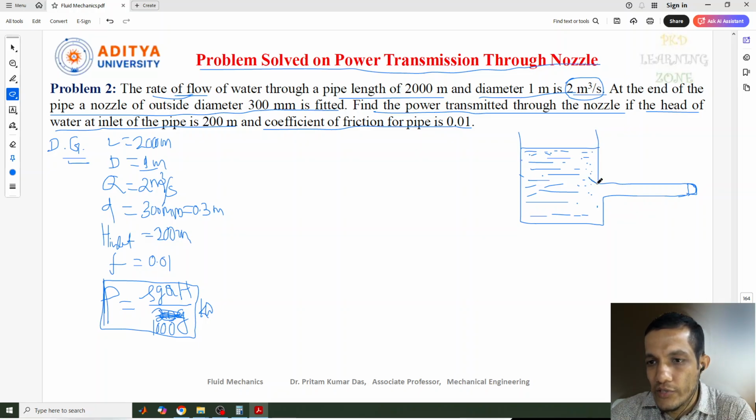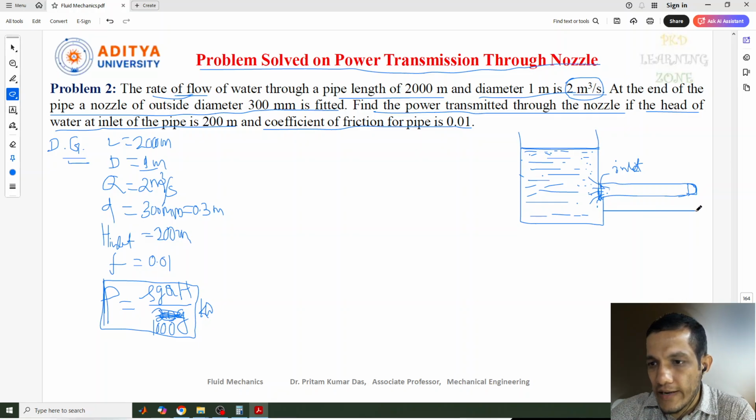So the fluid which is coming out from this container to this nozzle through this inlet, this is the inlet part. What I'm discussing is that the fluid coming out from this reservoir into this pipe won't cause any difference in the top level because it is a very large container.